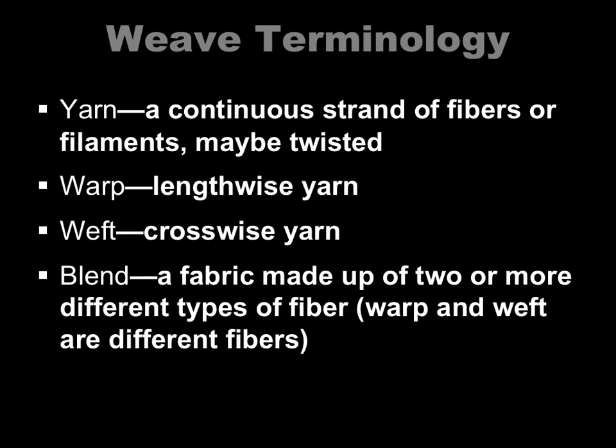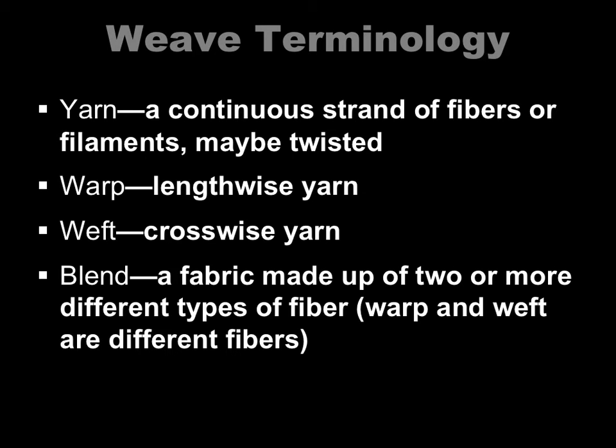All right, so this is where some of our key terminology starts coming in. Again, I don't necessarily need you to memorize these terminologies, but I do want you to be familiar and at least know where you can reference back to them. A yarn is our continuous strand of fibers or filaments, and that yarn may be twisted, so it might twist multiple filaments together. The warp and the weft. This is going to make a little bit more sense when we go to the next couple of slides and we look at our different weave patterns.